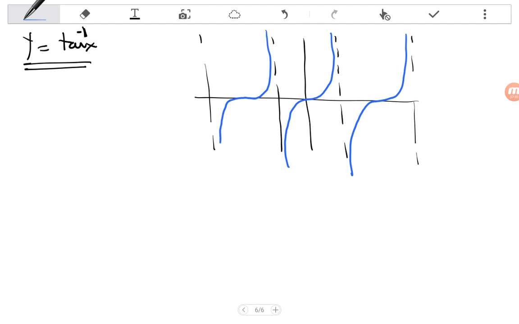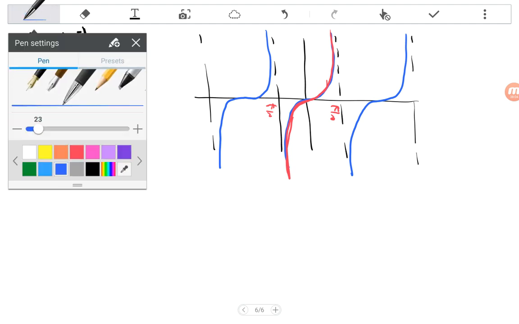What would you expect the restricted domain for tan x to be? It will be from negative pi over 2 to pi over 2. Yes, this interval is suitable for us. It covers the whole range and it is one-to-one in that interval, so the restricted domain will be from negative pi over 2 to pi over 2.